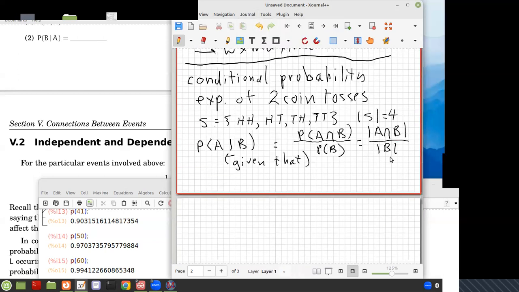But let's try to define 2 events and see how this works out in practice. Well, we need 2 events.